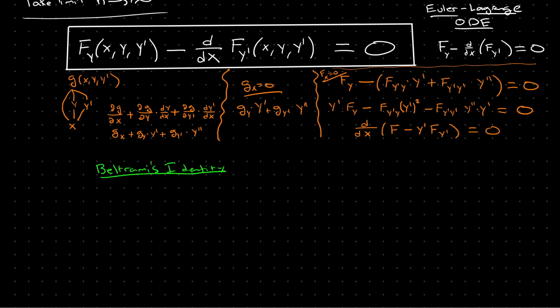If the derivative of this expression is equal to 0, it must mean that the solution to this differential equation, which is a second order differential equation, remember, so the first integral of this ordinary differential equation is going to be f minus y prime times f_{y'} must be equal to a constant c.